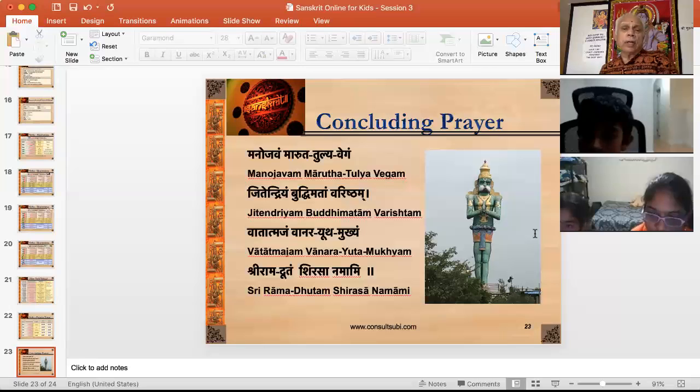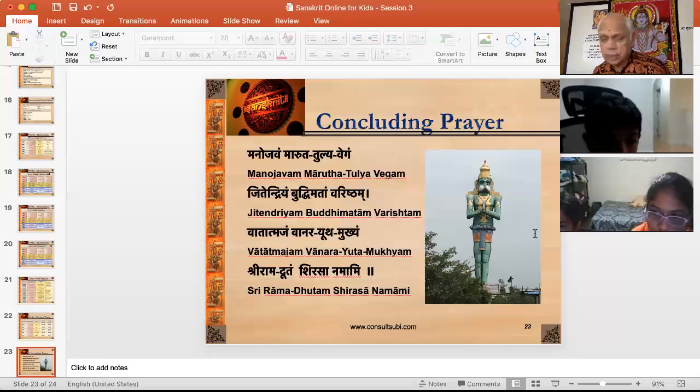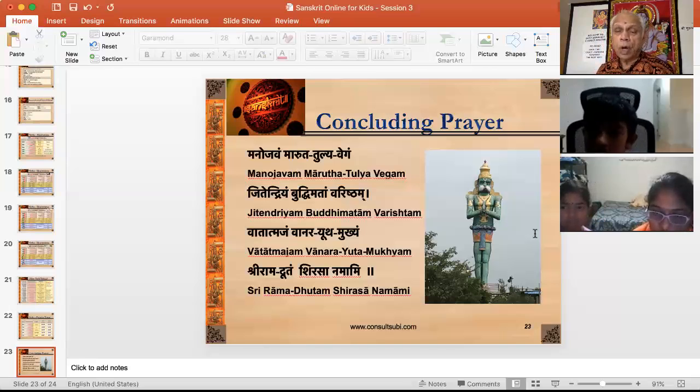So what have we learned today? We have learned the basics of grammar and how the verb varies based on the person and gender, and how the verb is derived from roots, what is called dhatu.